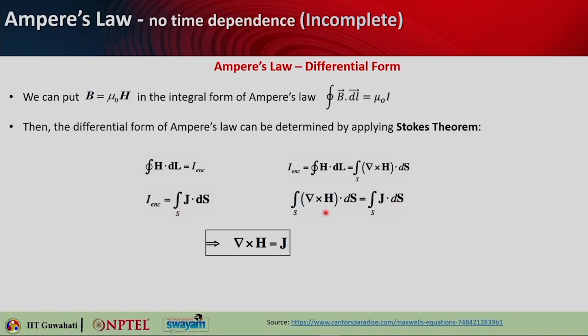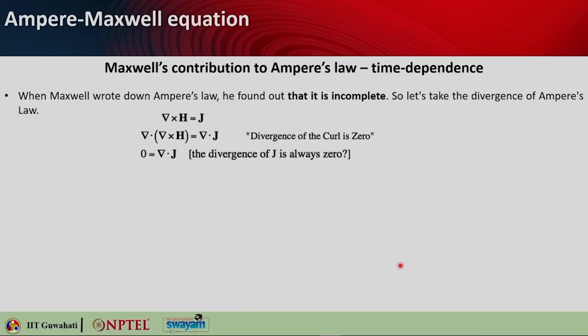You can equate these two quantities and write that curl of H is nothing but J. That means when you have a current density, or current flowing, you are actually getting magnetic field lines around it. But this is an incomplete equation and it is not valid for electrodynamics. It is good for electrostatics but not for electrodynamics.